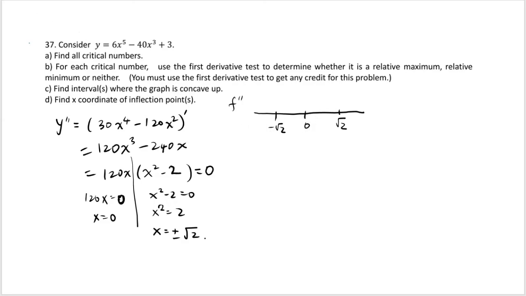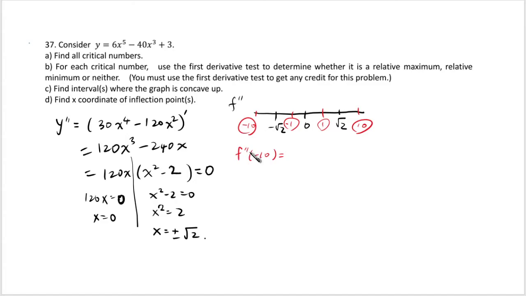That means if we pick test points between these numbers, so I put negative 10, negative 1, positive 1, and positive 10, plug these test points into f double prime, then that can tell us whether f is concave up or concave down for the entire intervals. Okay, so we have 4 intervals. From each of these 4 intervals, I chose some random points. The simpler, the easier to calculate, so I chose the simplest numbers.